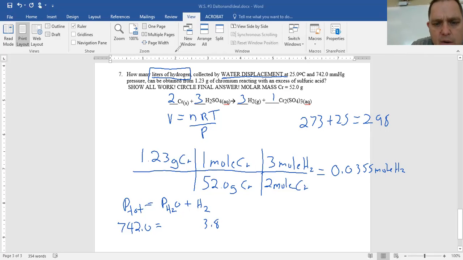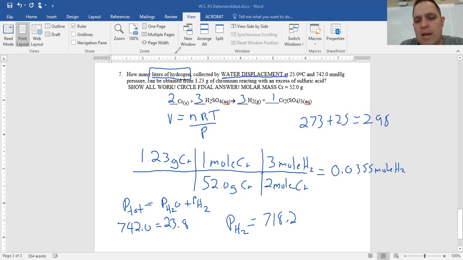I put that where hydrogen is. We should put that to where water is. 23.8. So to find the pressure of hydrogen gas, we're going to minus that. So I get a pressure of hydrogen gas to be 718.2.